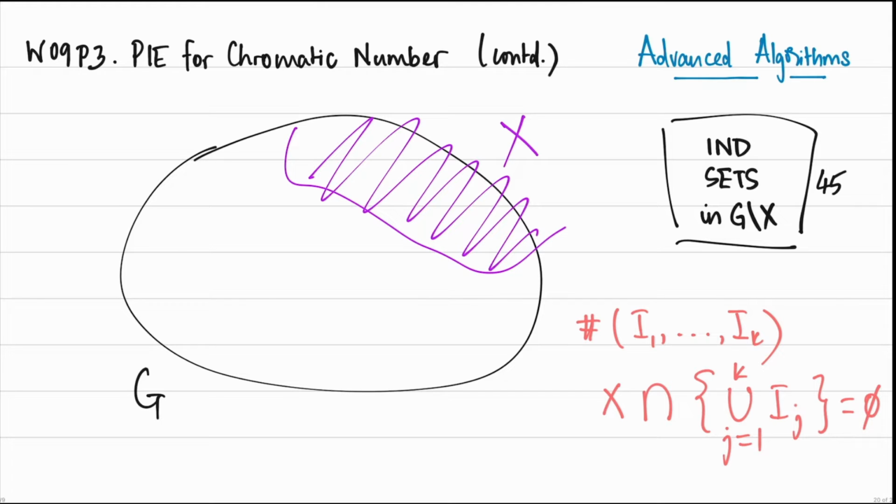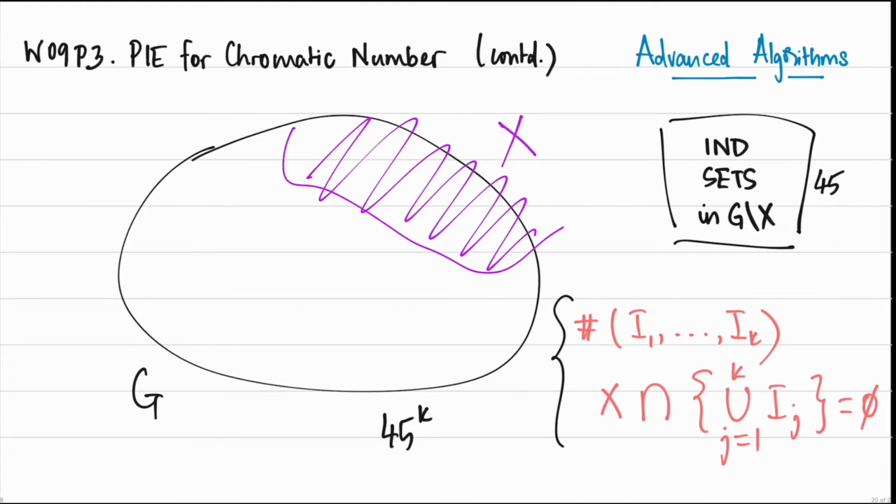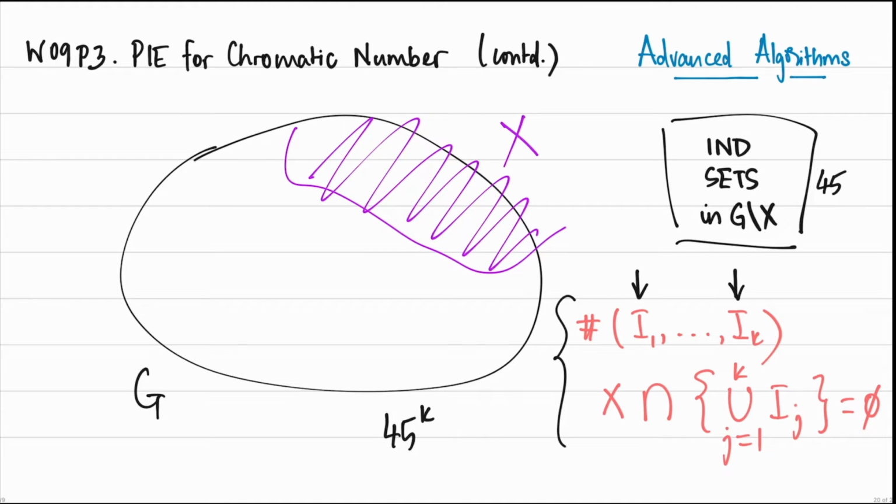Then notice that the count that we are after is actually 45 to the k, because we have 45 choices for each of these independent sets in the tuple. Remember that we have no constraints whatsoever on these independent sets.